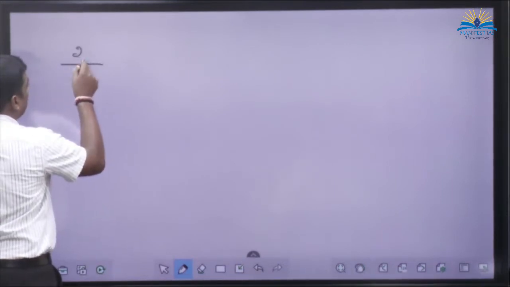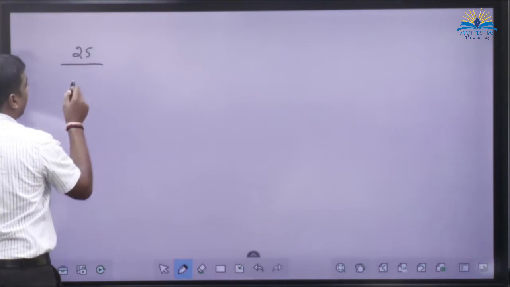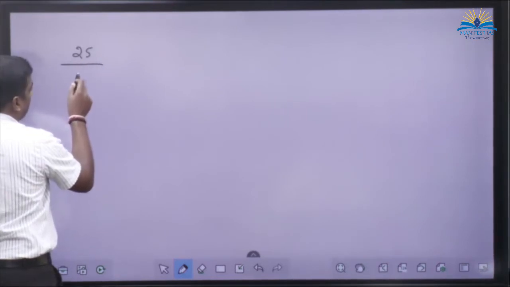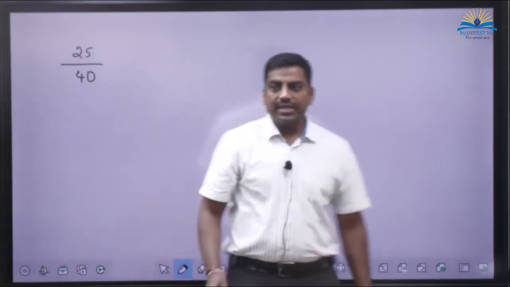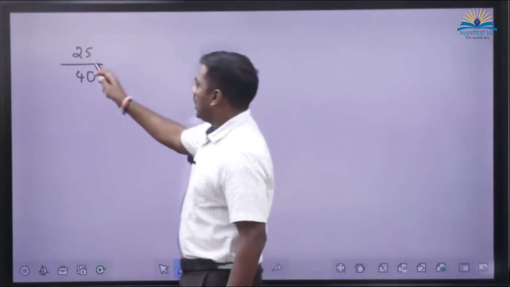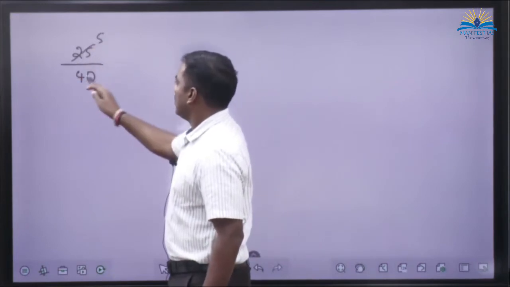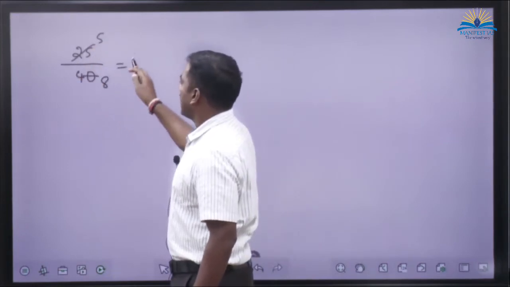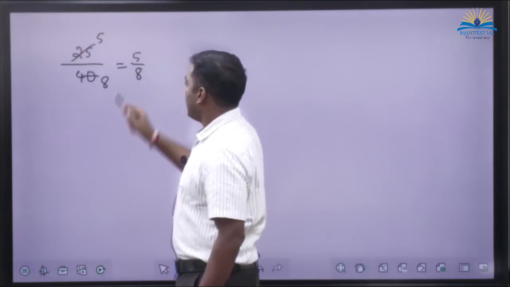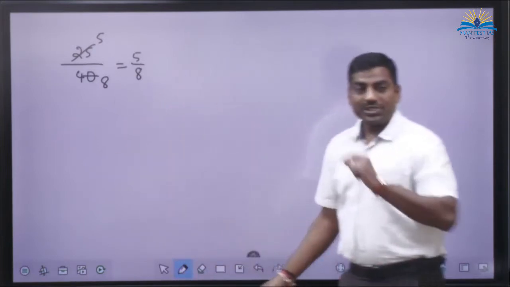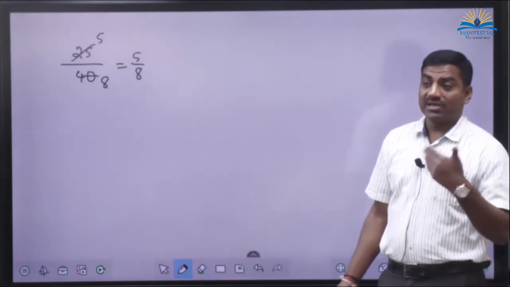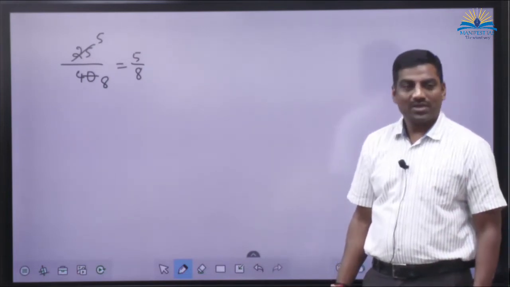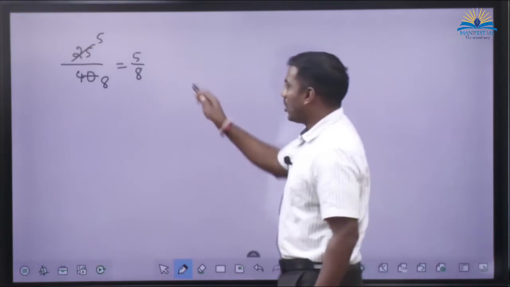Let's say 25 divided by 40. Then you will do 5 5s are, 5 8s are. So your answer is 5 by 8. But in the options, they will not give 5 by 8. They would have given it in terms of percentage. In the examination hall, what will you do?